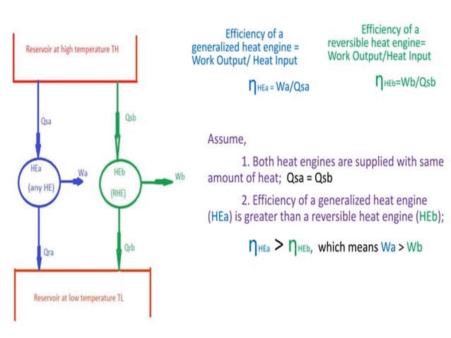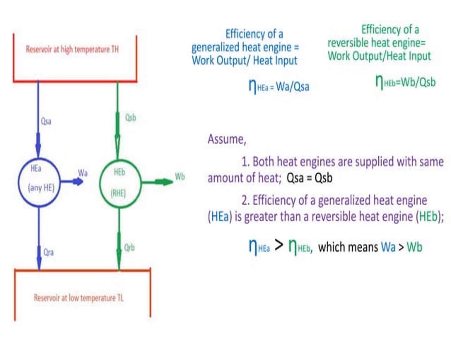The efficiency of the generalized heat engine is equal to work output divided by heat input, and likewise the efficiency of the reversible heat engine HEB is work output divided by heat input. You can see the efficiency for both engines.